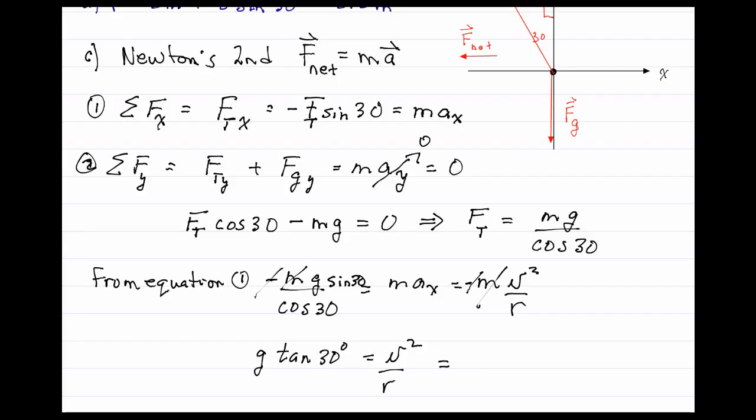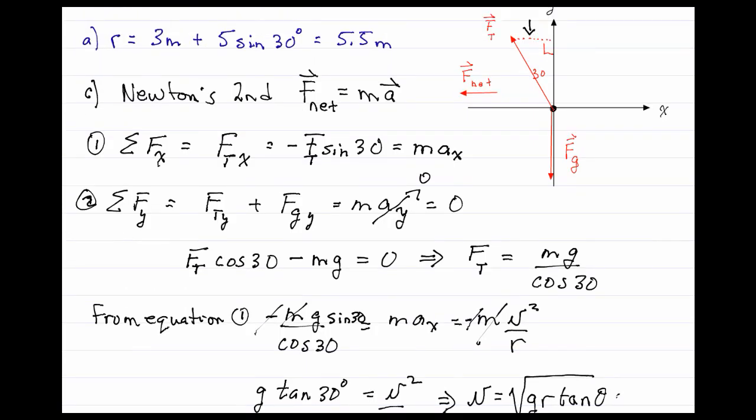And so finally we get an expression for the speed, and that's just the square root of g times r times tan theta. I haven't evaluated it, but let's leave it like that for now. So that is an expression for the speed of the rider.